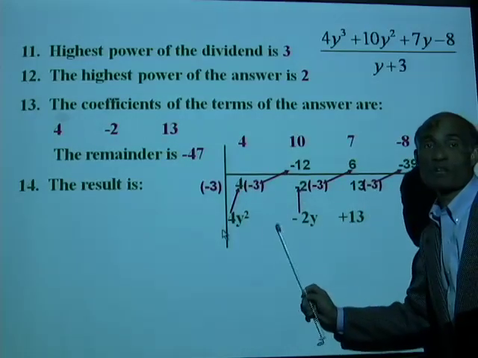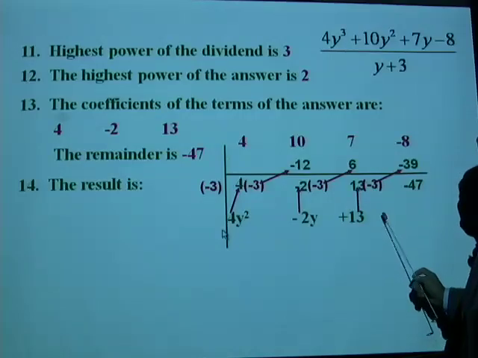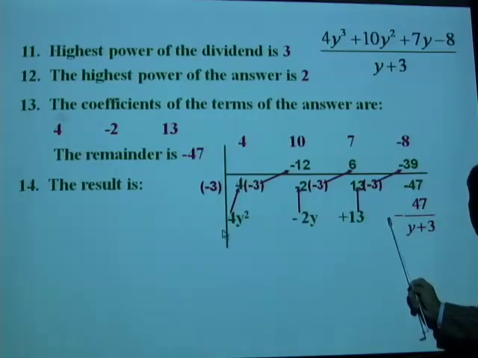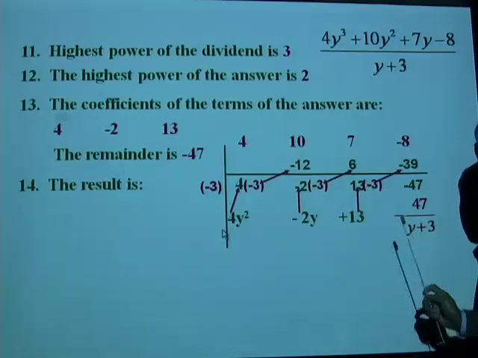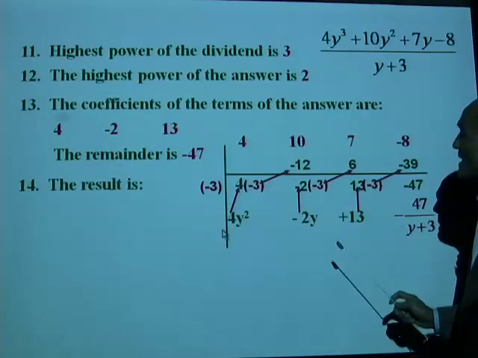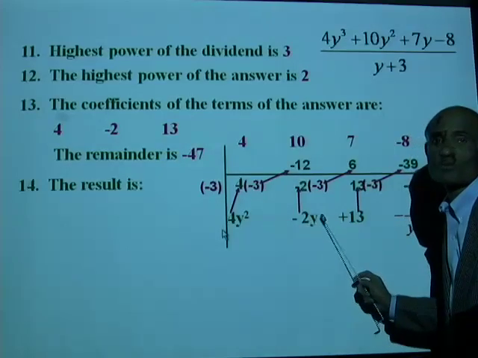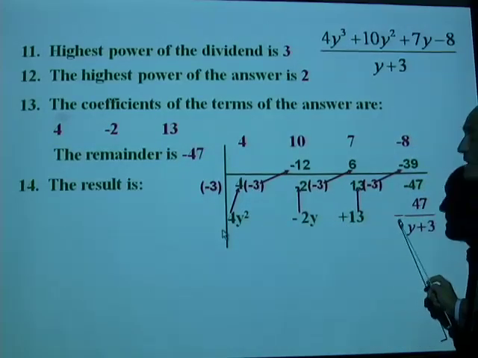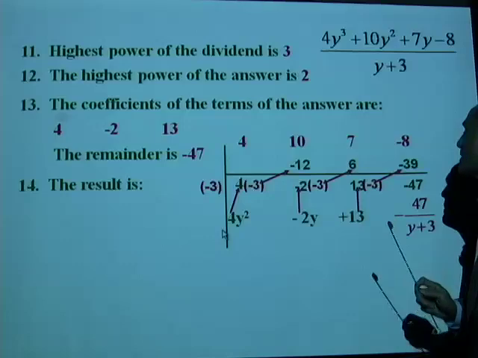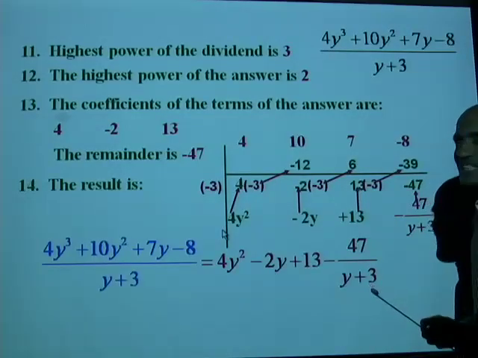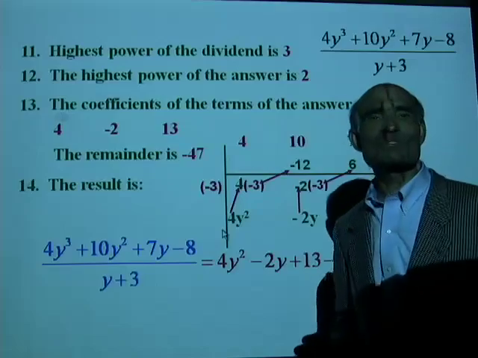Now this is the result, and the remainder is negative 47, and we write it as negative 47 over y plus 3, giving us the result 4y squared minus 2y plus 13 minus 47 over y plus 3. And this is quite a neat way to do the long division.